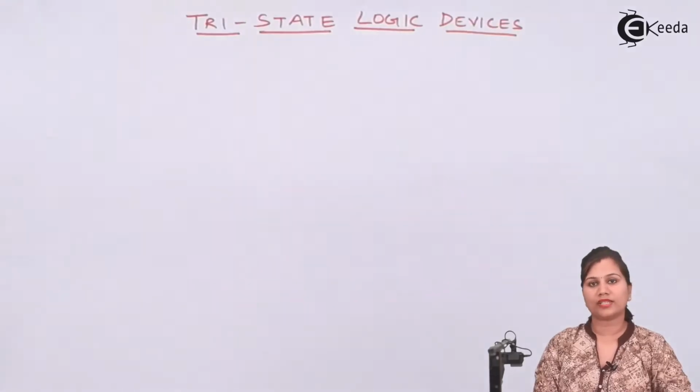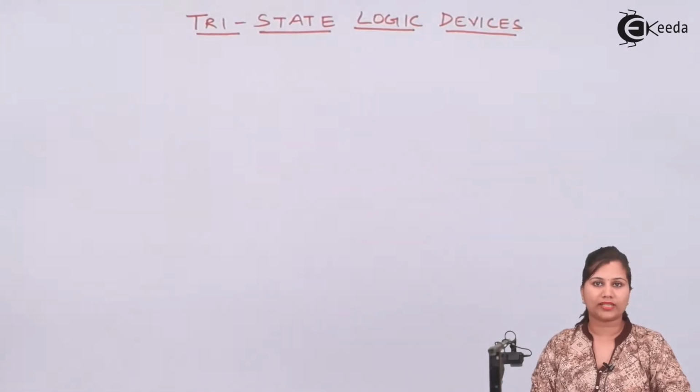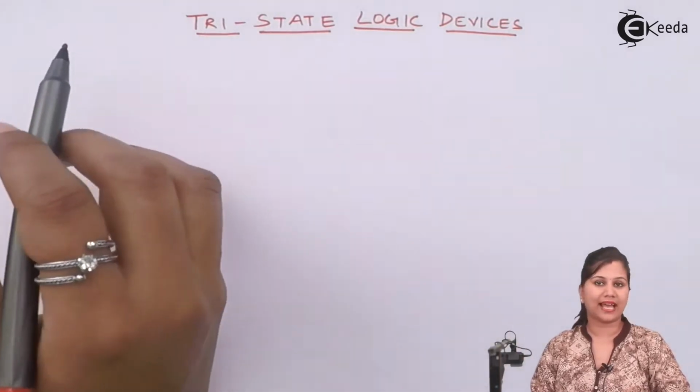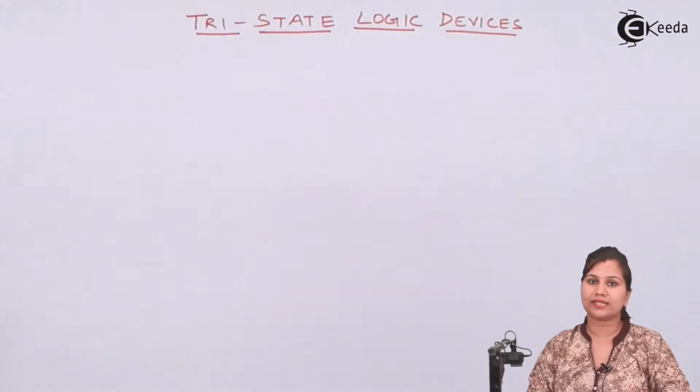The tri-state logic devices, as the name suggests, are ordinary logic devices, but these devices have three states, and these three states are logic 1, logic 0, and the high impedance state.